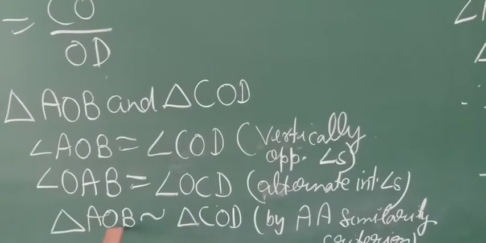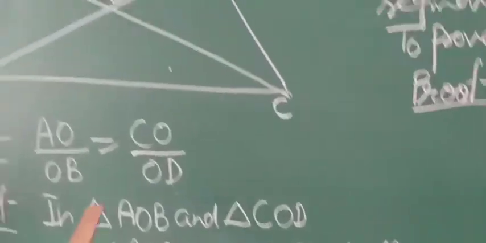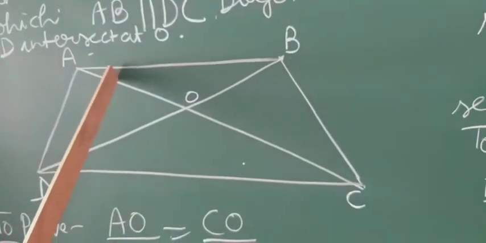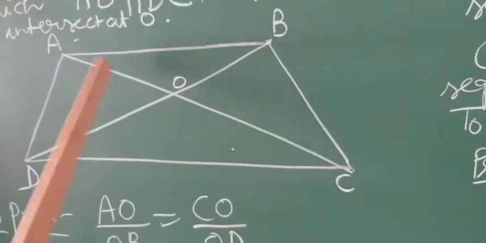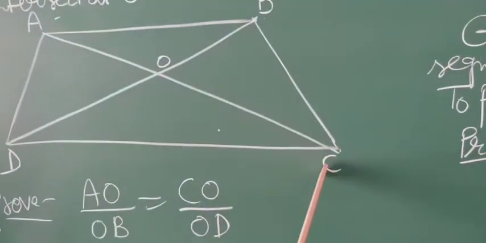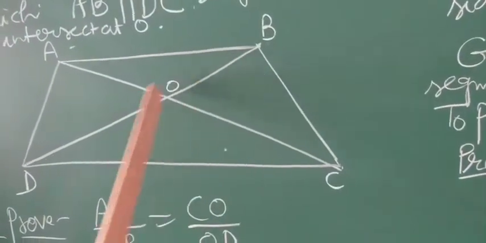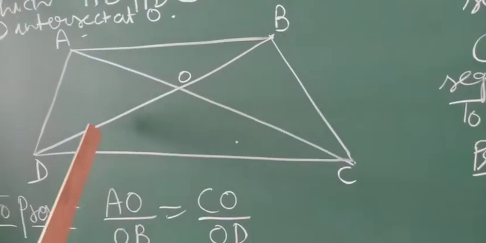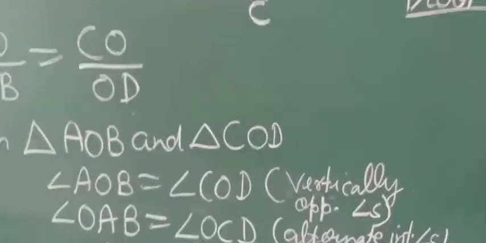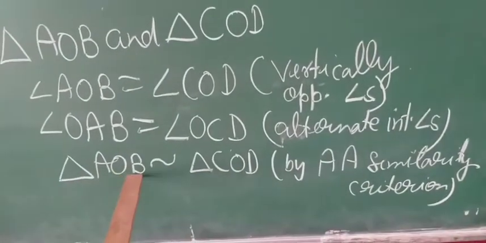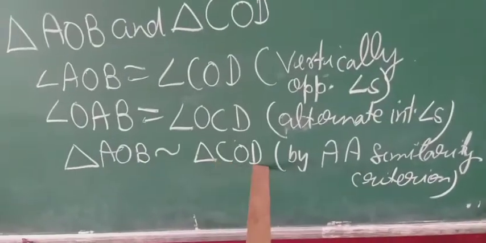I have written AOB. So angle A equals angle C, so in place of A, C should be there. And in place of B, D should be there, because angle B equals angle D. That's why you have to write the second triangle's name properly, students. Triangle AOB is similar to triangle COD.